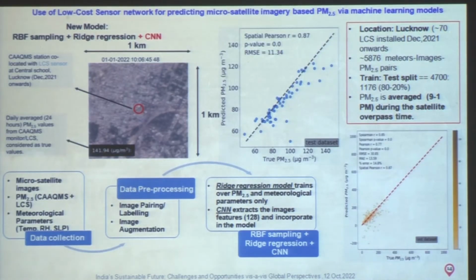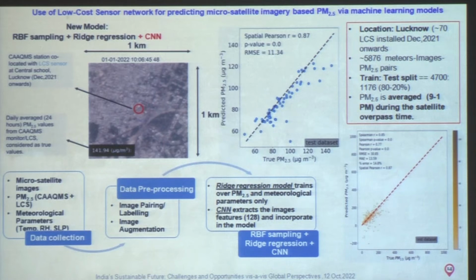Another interesting application of this technology, which we are currently trying, is to make use of micro-satellite imagery, which is available at every location on this planet once or twice a day.